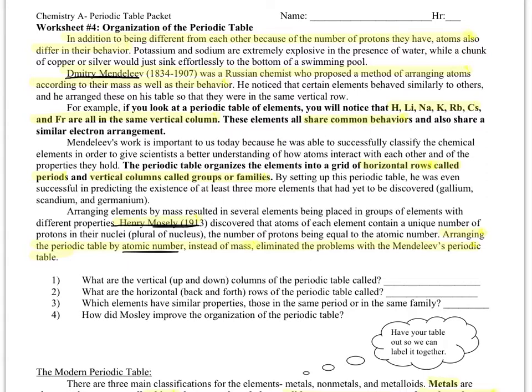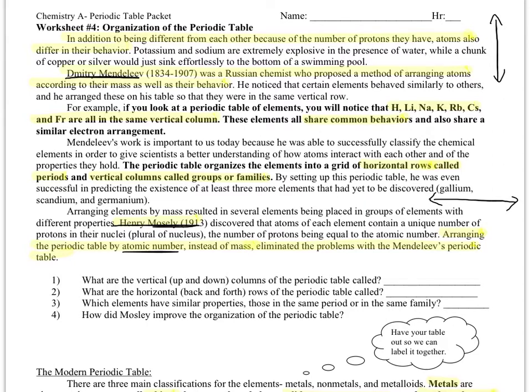All right. So if you look at your periodic table, you will see that you can look at elements in columns. Okay, so columns go up and down. And you can also look at elements in rows, horizontally back and forth.